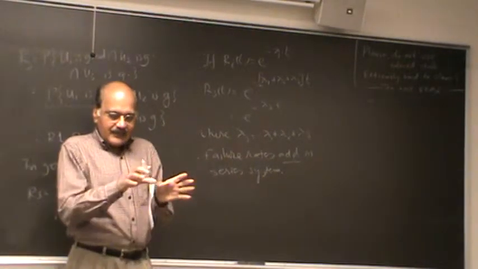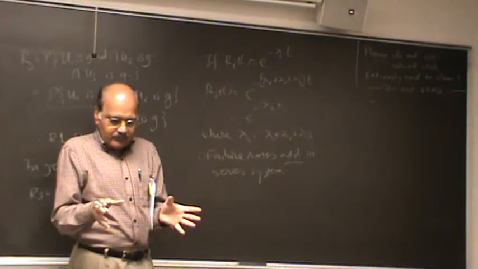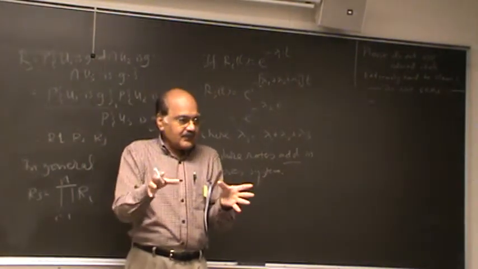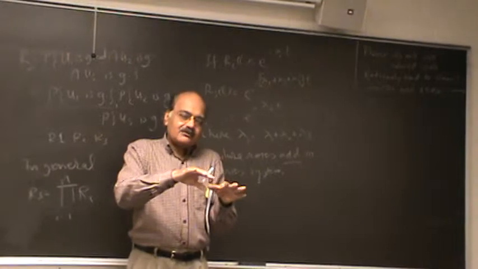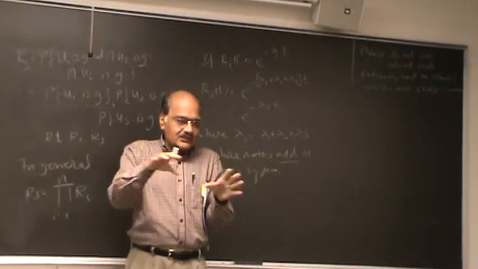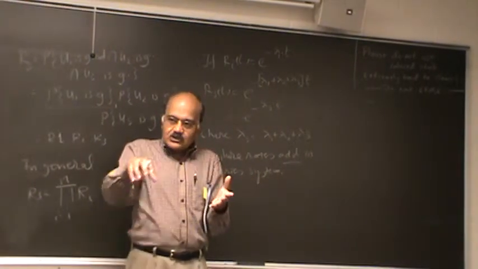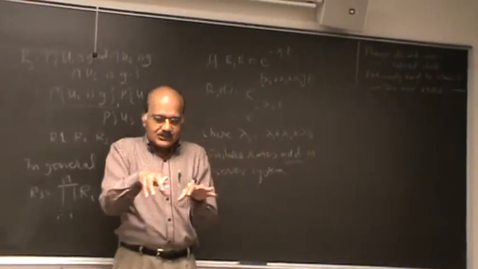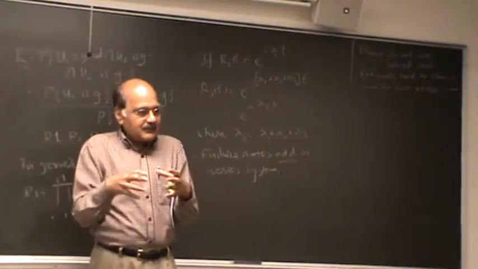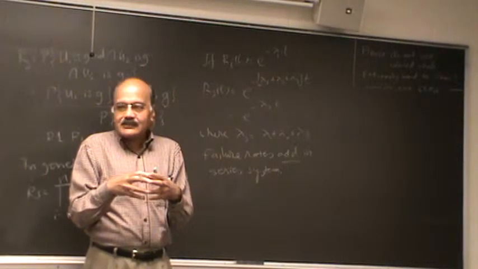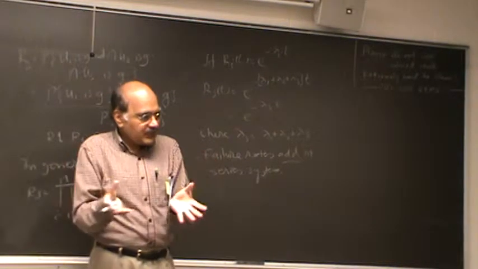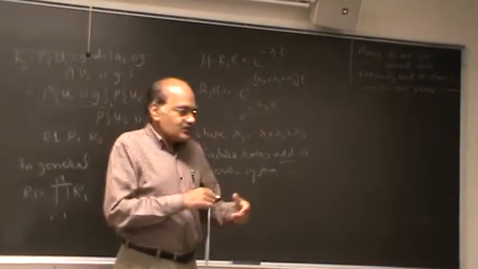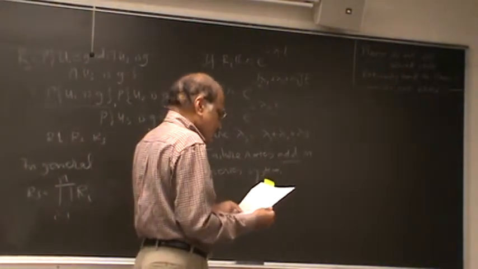So basically you find out, let's say you have a printer circuit board, you want to calculate the failure rate of a printer circuit board, you find out the failure rate of all the things on the board, including board itself, connections, all the capacitors, IC chips, and then add up the total failure rate, and that would be the failure rate of the whole thing as a system. So basically failure rates add.